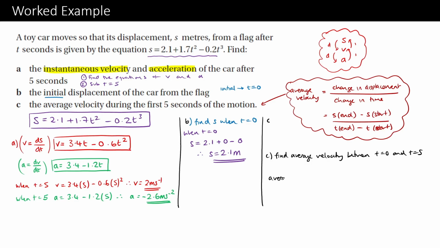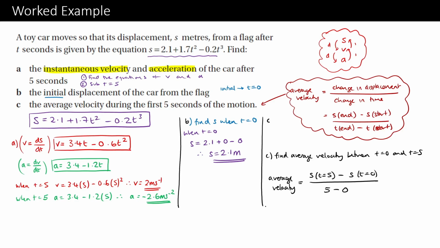So the average velocity is going to be s when we substitute t equals 5 minus s when t equals 0, over the end time, t equals 5, minus the starting time, which is 0.